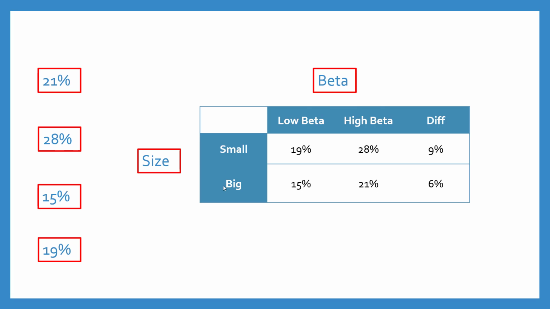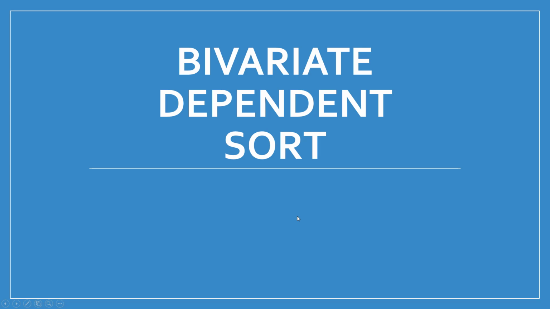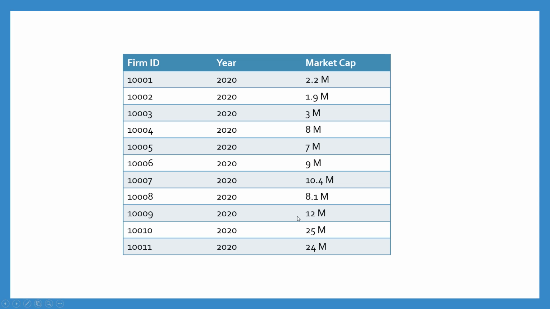These are obviously hypothetical results, so do not compare them with any theory or theoretical perspective. We can also see that as we move from big to small stocks, we earn a higher return.